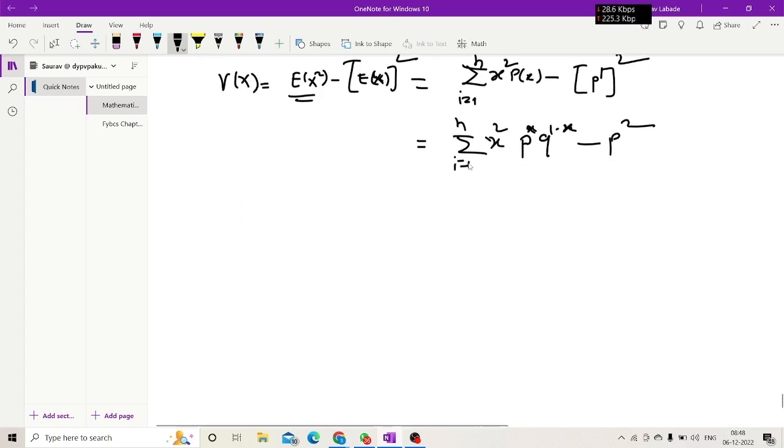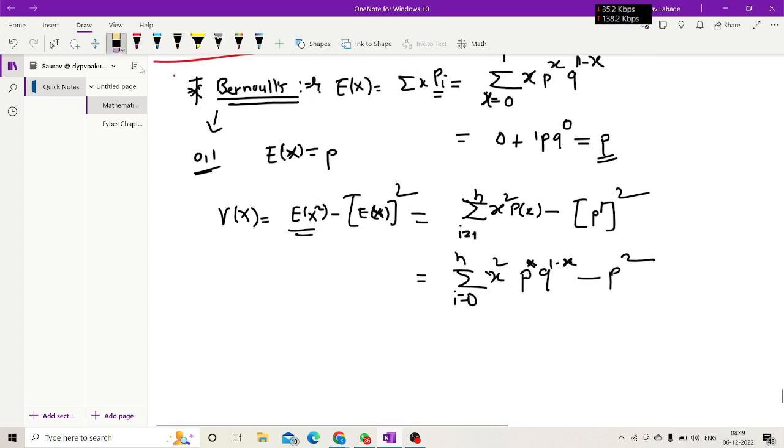Again just substitute the values. This is 0 to 1, and p square is constant here, so we only substitute in this quantity.